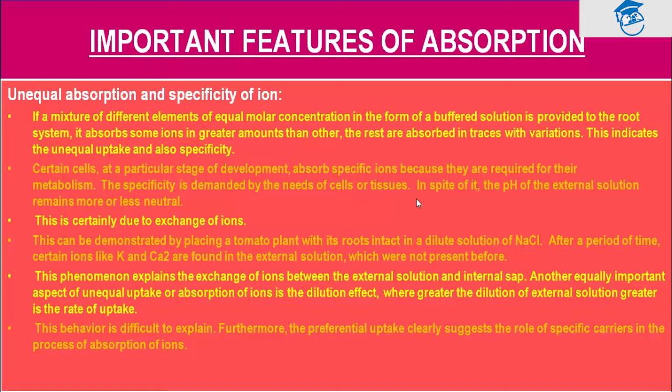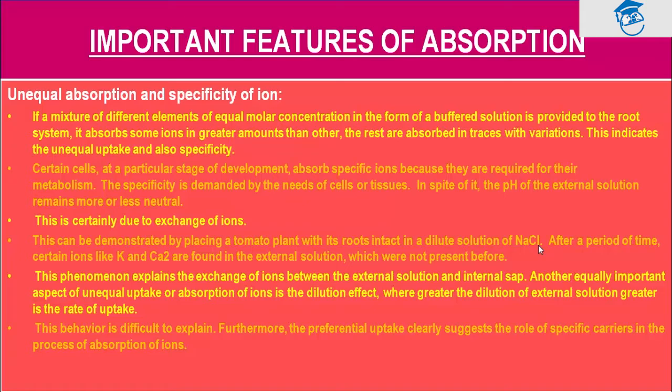In spite of it, the pH of the external solution remains more or less neutral. This is certainly due to exchange of ions, students. You can demonstrate this by placing a tomato plant with its roots intact in a dilute solution of NaCl.